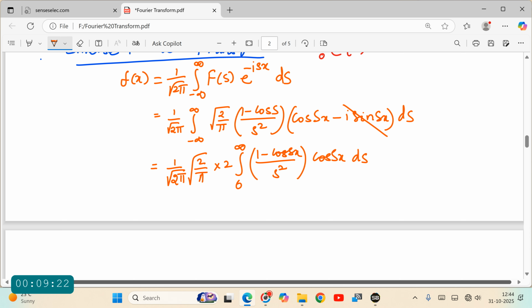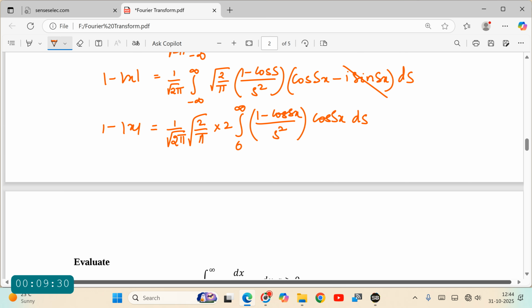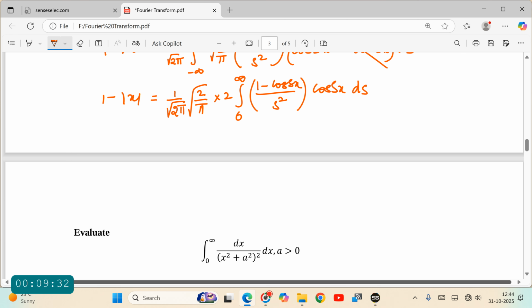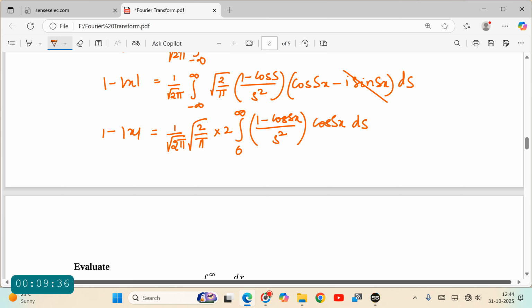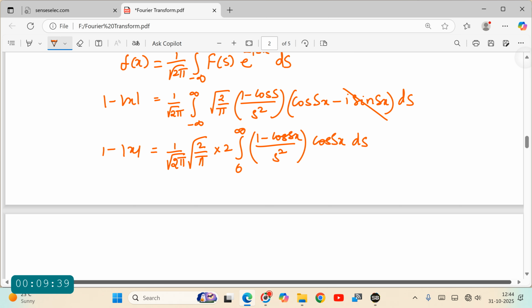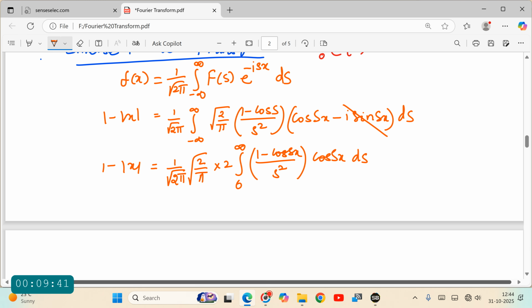What is the value of f of x? The f of x is 1 minus modulus x, which was given in our problem. Now start to simplify. For simplifying, multiply the constant terms.